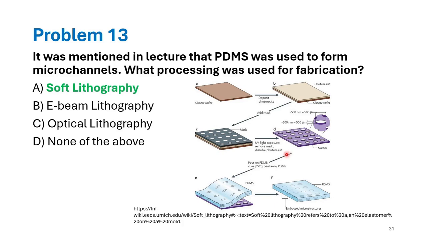So then we will get a master mask. Then on this master mask we will pour PDMS, cure it, and then peel it away. Once we peel it away, we'll get a PDMS with whatever structures were there in the master mask.